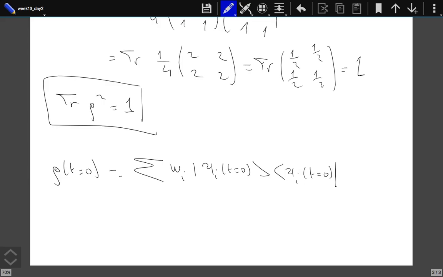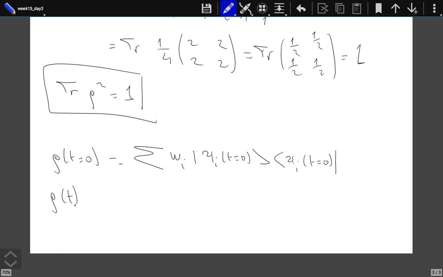You can just imagine this as an ensemble, a collection of particles in which some particles are in the psi1 state, some particles are in the psi2 state, some in the psi3 state, and their corresponding weights are omega 1, omega 2, omega 3, etc. Now, if you just let your system evolve on its own, the particles in the psi1 state will evolve as the ket psi1 evolves, and the particles in the psi2 state will evolve as a particle in the psi2 state, etc. So their weights, the omega i, will not change, but their kets will change with time.